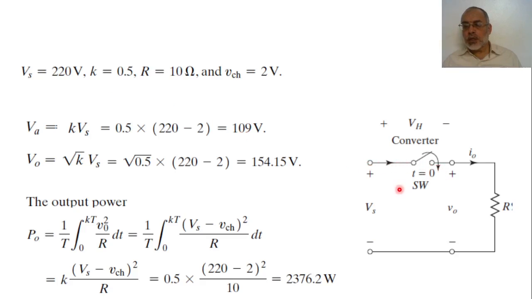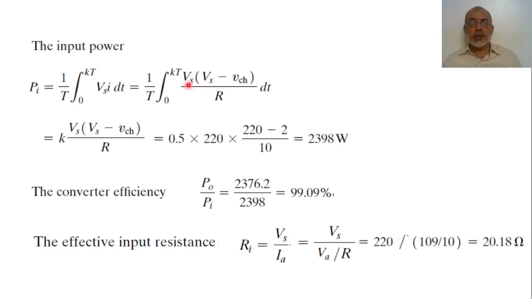The current passing here is Vs minus V chopper over R. So the limits of integration are from 0 to kT, multiplied by 1 over T. By developing this integration, it would be kT multiplied by Vs multiplied by (Vs minus V chopper) over R, multiplied by 1 over T. 1 over T would be eliminated with T, so this would be K multiplied by Vs multiplied by (Vs minus V chopper) over R.